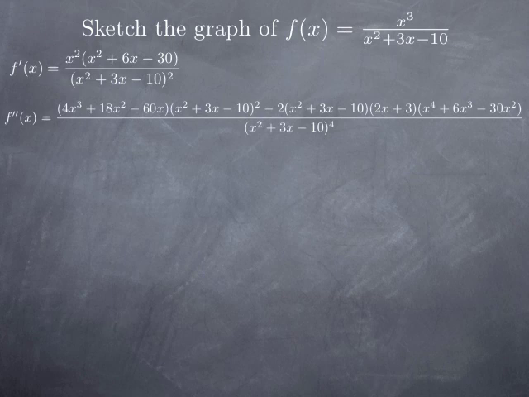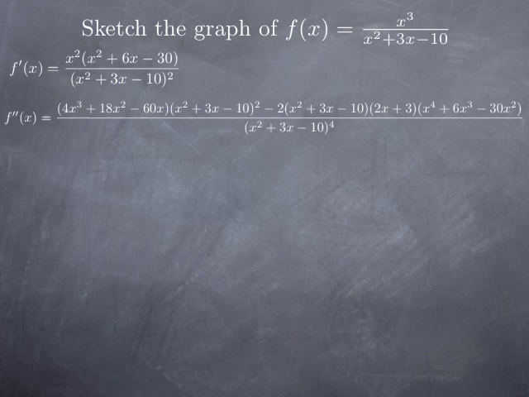All this has to be multiplied by the top unchanged, which is x to the fourth plus 6x cubed minus 30x squared. All that stuff is over the bottom squared. The bottom was already a square, so I get x squared plus 3x minus 10 to the fourth. You see that in this, I have a sum of two terms, of two products.